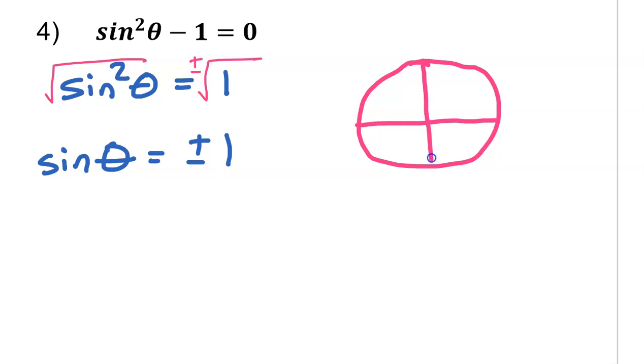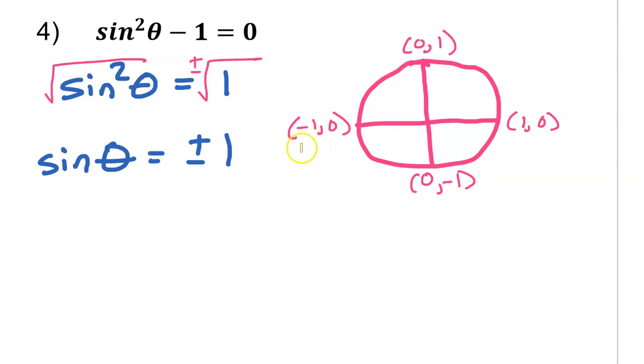But you should be asking yourself the sine of what angle is equal to 1 or negative 1. So remember that sine is a y value, and if we label the coordinates of the points at each quadrant, this is the point 1, 0, and this is the point 0, 1, and this is negative 1, 0, and this is 0, negative 1.